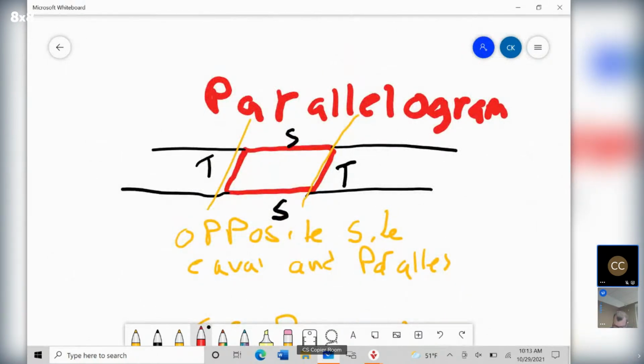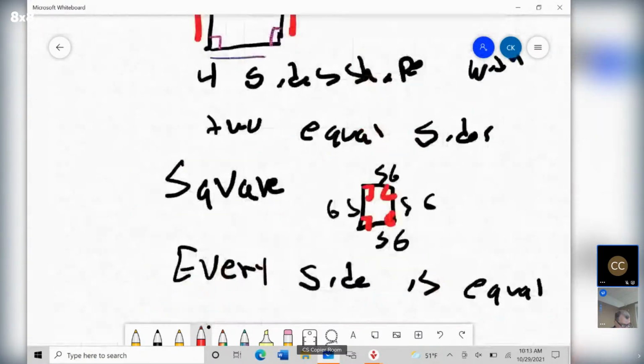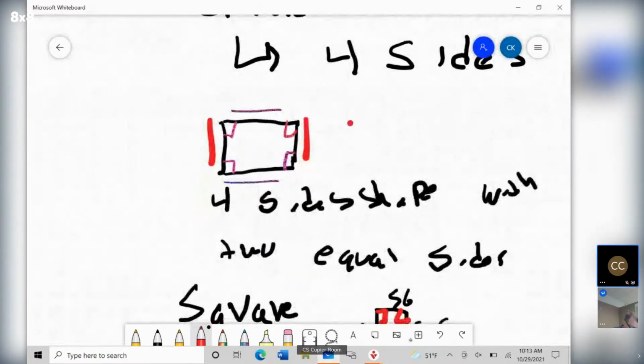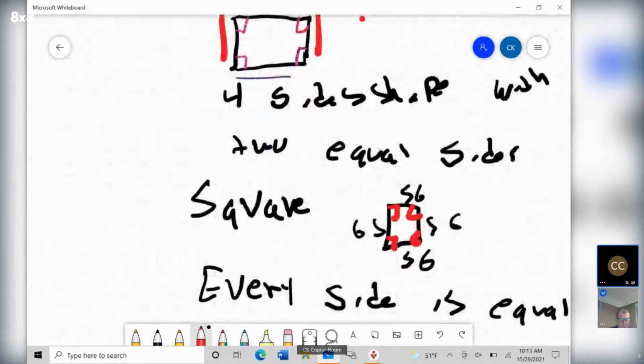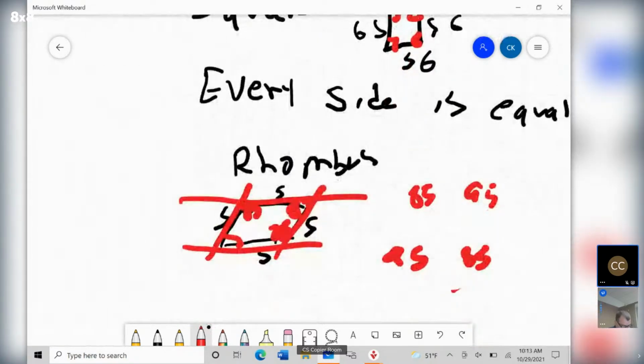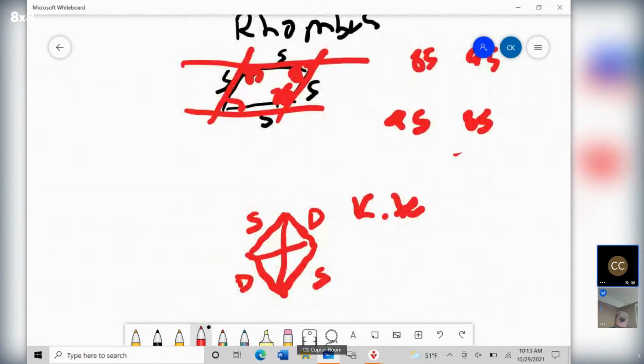So really we're looking at 6 different shapes here. The rectangle, square. Square is the one you're probably most familiar with. It's just 4 equal sides. The rhombus, all sides are equal. We have the kite, adjacent pairs.